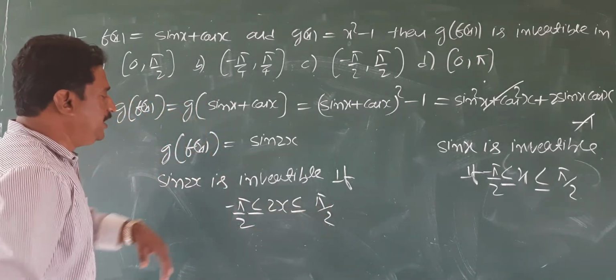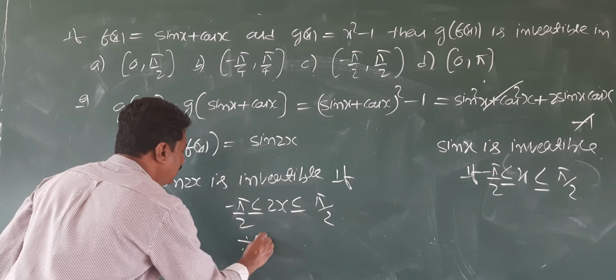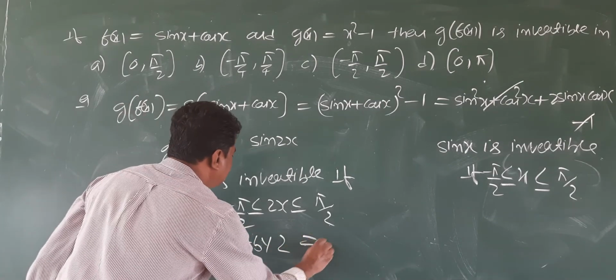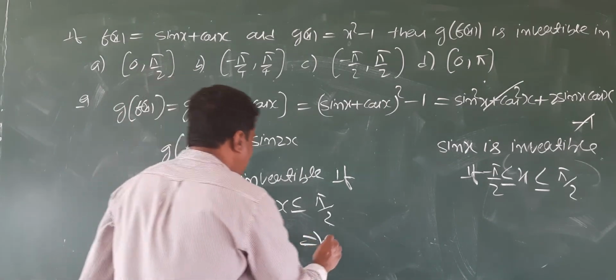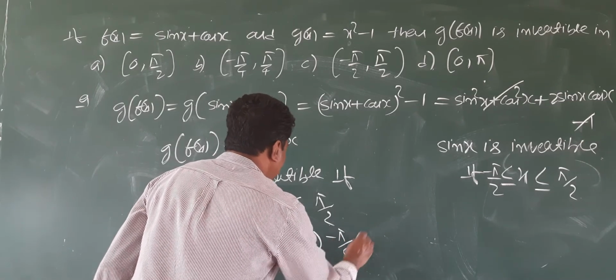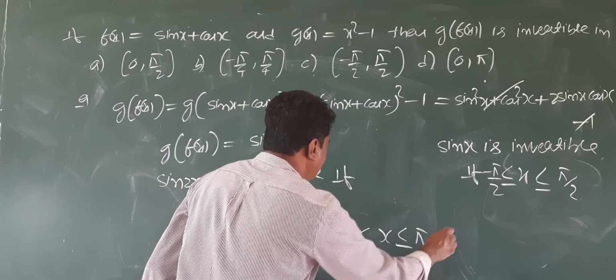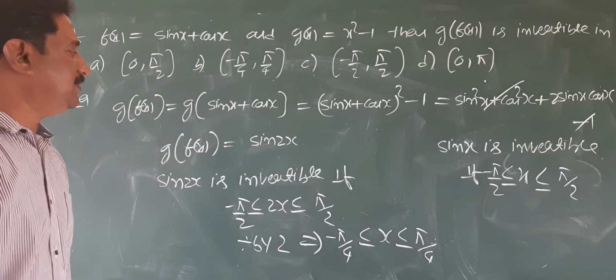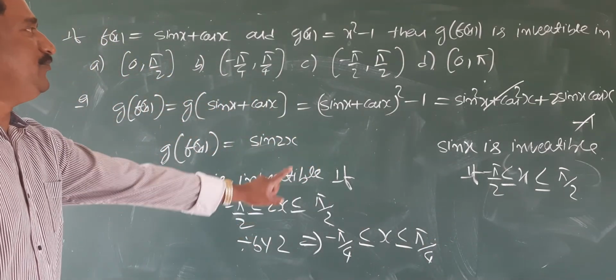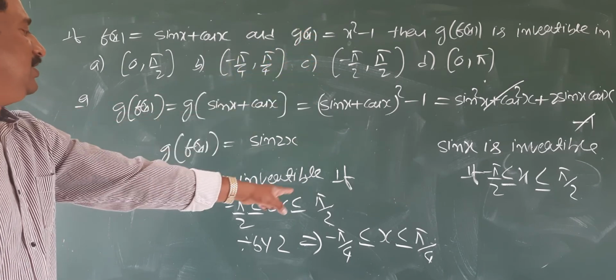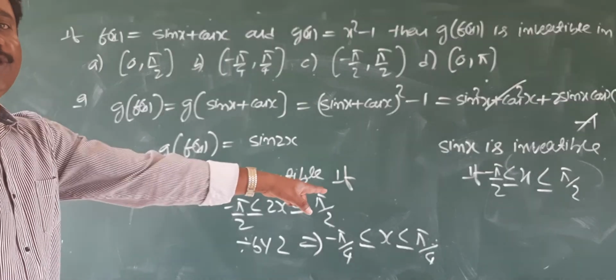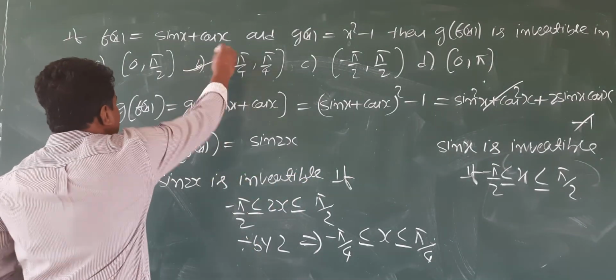Divide by 2, this implies minus pi by 4 is less than or equal to x less than or equal to pi by 4. So the domain for which the function is invertible is minus pi by 4 to plus pi by 4. So option B is correct.